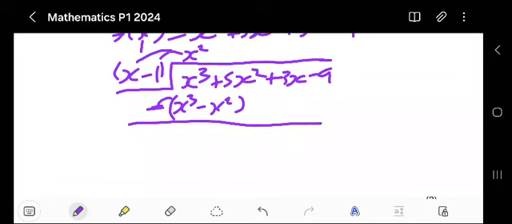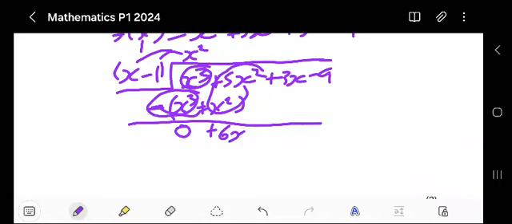Then if you distribute, this will be minus x cubed, and minus negative x squared will be positive. So now you add: x cubed minus x cubed simply equals 0. This one, when you multiply, they will be positive. Then you add, this will be plus 6x squared like this. Then you drop those ones down, have plus 3 minus 9.